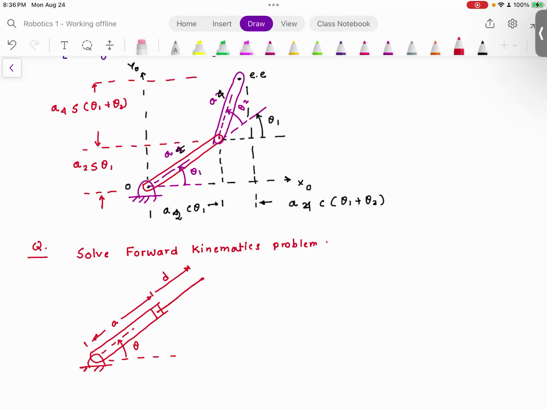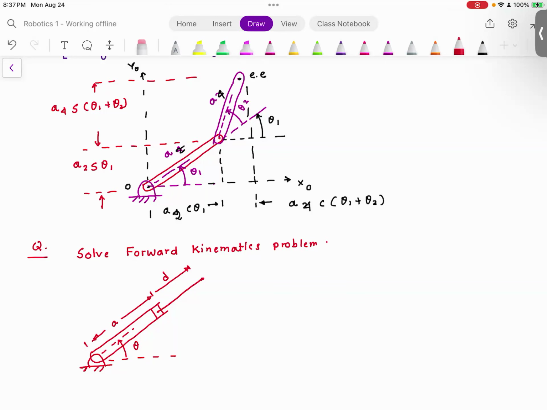What you have is a cylindrical robot. This robot has the prismatic joint, which means the extension of the piston is given as D. This distance A is constant. So you have D that is changing. And this piston is able to rotate by angle theta.